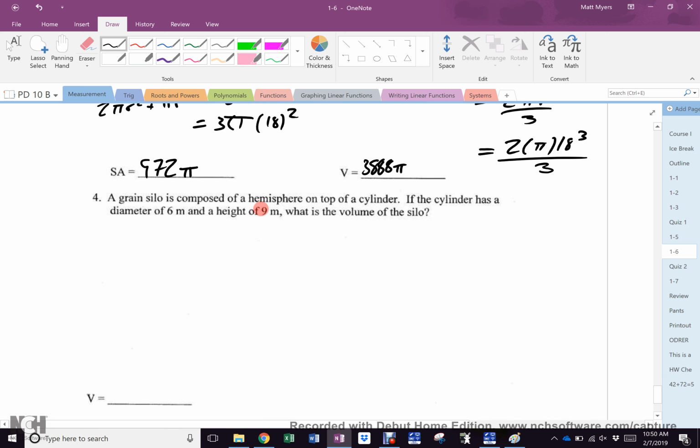Now, it did explain what a silo is. And yet I still had students say, I don't know what a silo is. It's a hemisphere on top of a cylinder. I don't like to draw it because it looks a little naughty. But I'm going to draw it anyway.